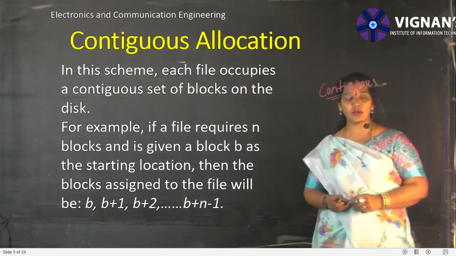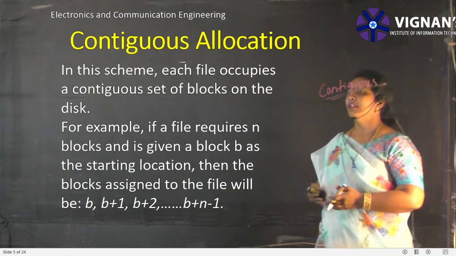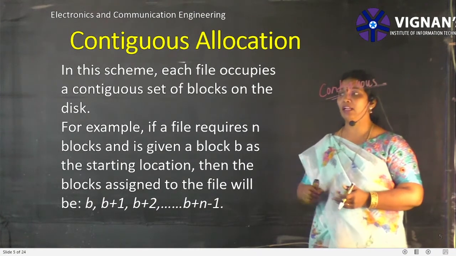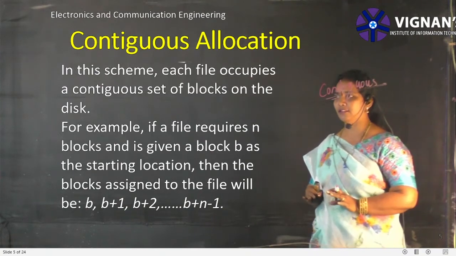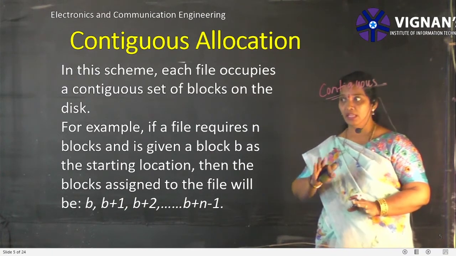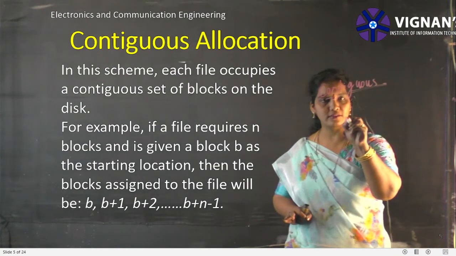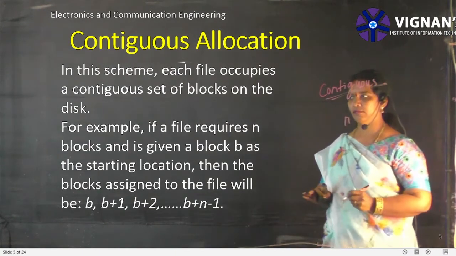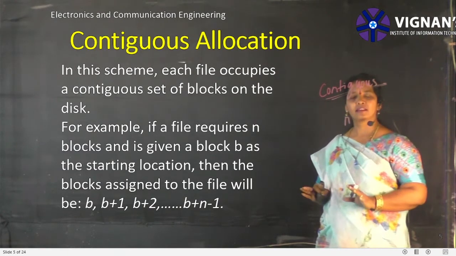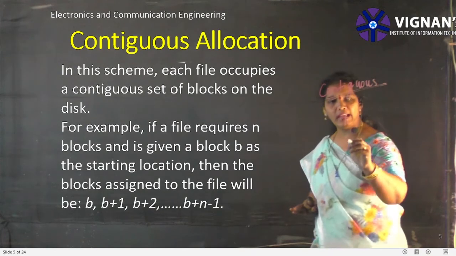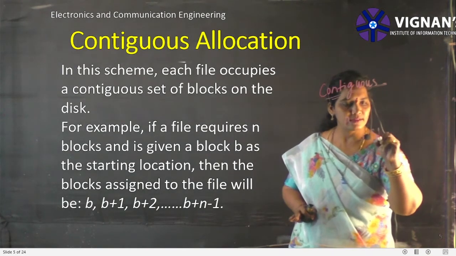The other name I said, continuous, one after other. In this scheme, each file occupies a continuous set of blocks in the disk. For example, if a file requires some n blocks and is given some starting block B, B is my starting block.